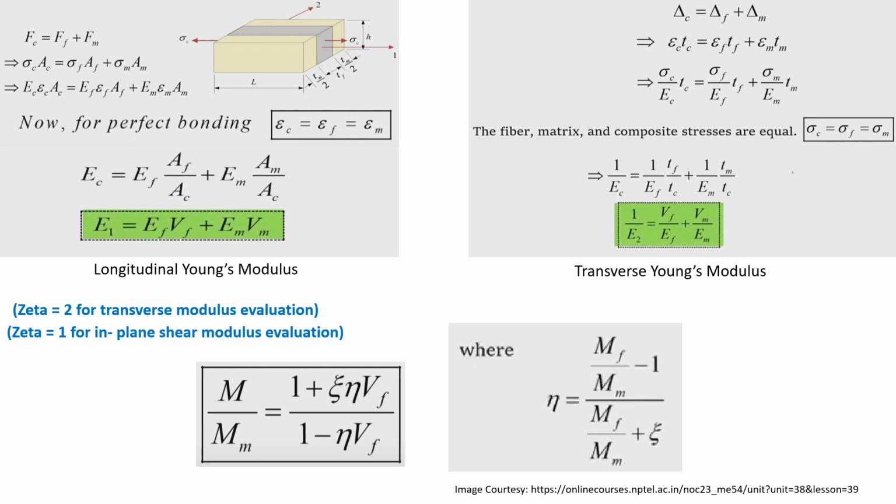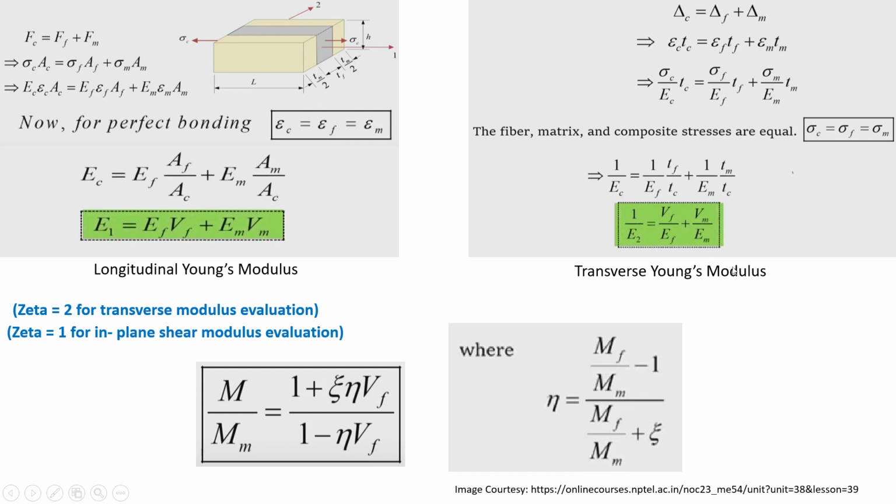Whereas for transverse Young's modulus and shear modulus, the mixing rule is such that 1 upon the modulus of the whole lamina is equal to the fiber volume fraction divided by the modulus of the fiber plus matrix volume fraction divided by the modulus of the matrix.